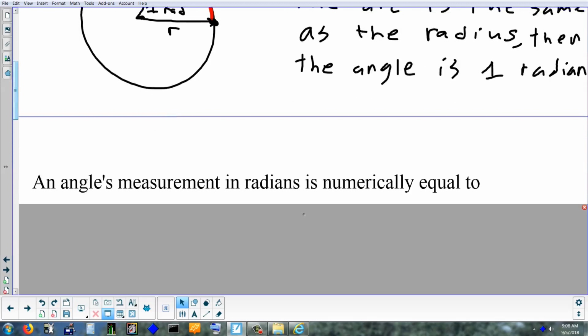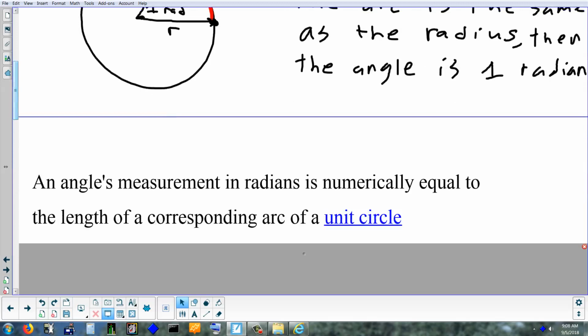All right, so the first part of the fact says that if you measure an angle in radians, it's going to come out the same as something else. Okay. Measuring an angle in radians is equal to the length of the arc. And the arc is what I drew in red.